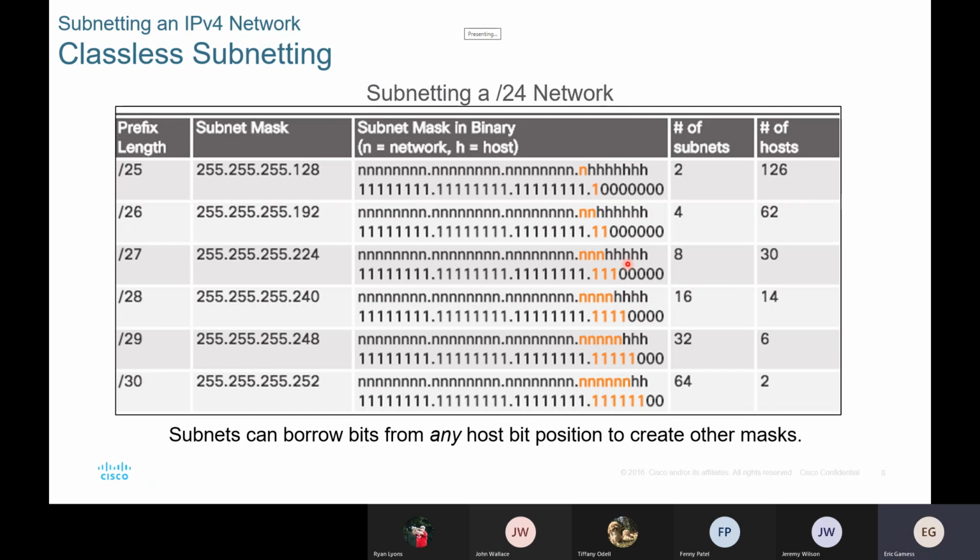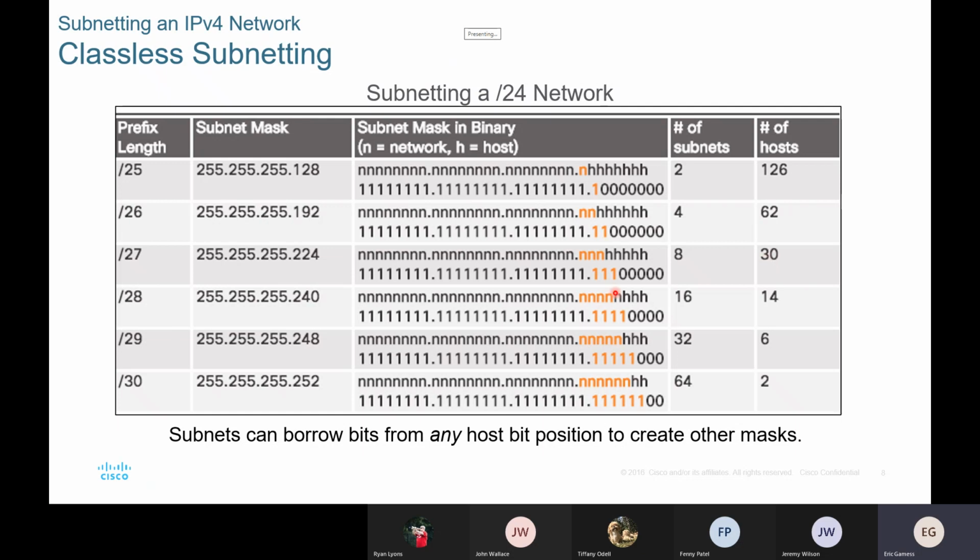And 2 to the power of 5 is 32 IP addresses in total. Since I'm going to lose the first IP address and the last IP address, 32 minus 2 is 30, and 30 is the number of valid, or usable, or host IP addresses.